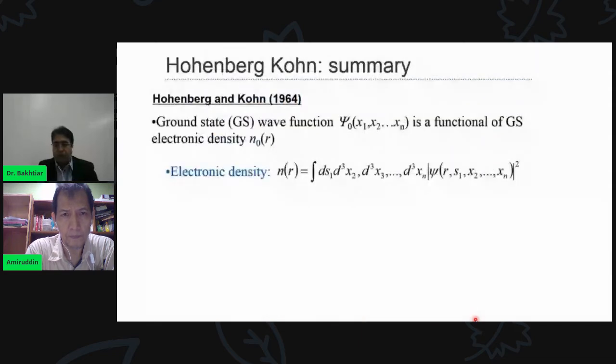So in summary, the Hohenberg-Kohn theorem says that the ground state wave function is a functional of the ground state electron density, such that the ground state density can be given by this equation, the square of the wave function times all the available variables in the space.